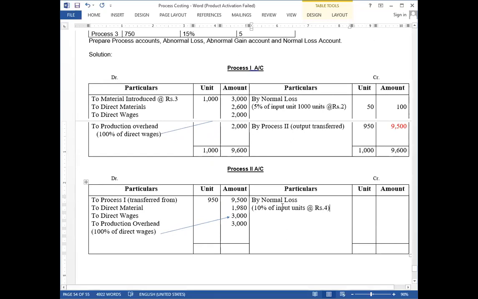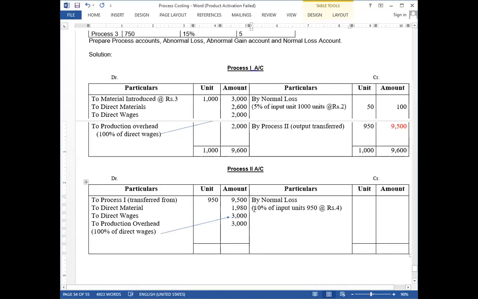Here, how many input units are there? Should I take 1000 or should I take 950? In this process, how much is the input unit? 950. Don't take the last process's input units. This process 2's input units are 950, so you have to take 950 only, at the rate of 4.